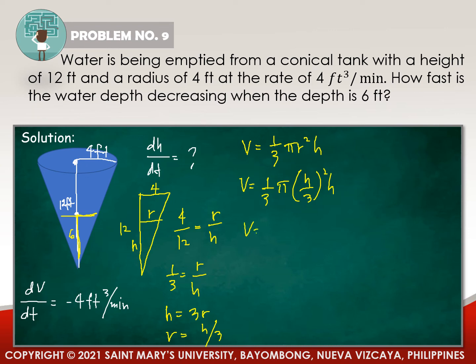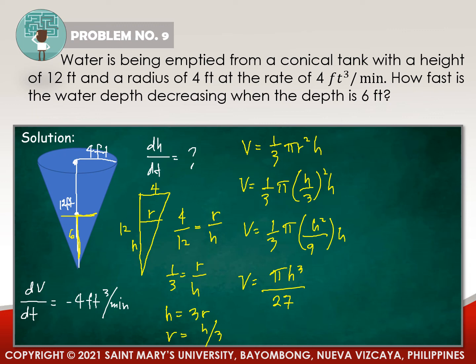So therefore, we have V equals 1/3 pi h squared over 9 times h, which is equal to pi h cubed over 27, right? Because h squared times h is h cubed times pi, then 3 times 9 is 27.